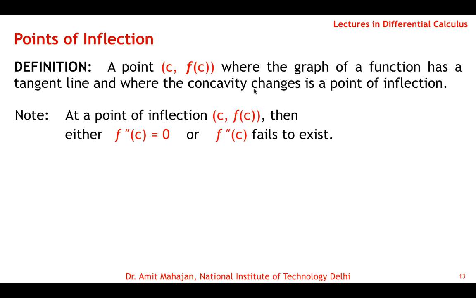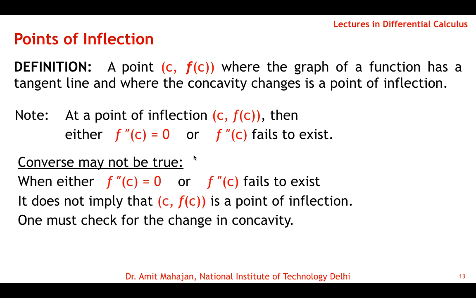We must also check for the change in concavity: concavity must change from concave down to concave up or vice versa at such points, and only then can we say they are points of inflection.